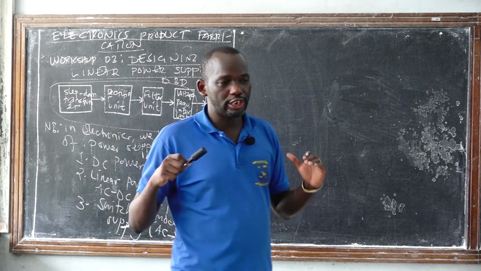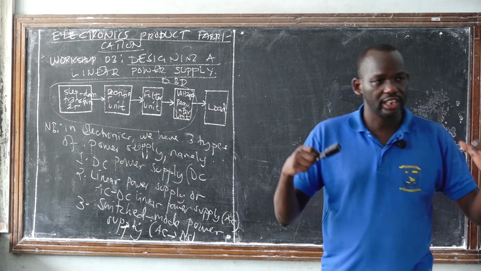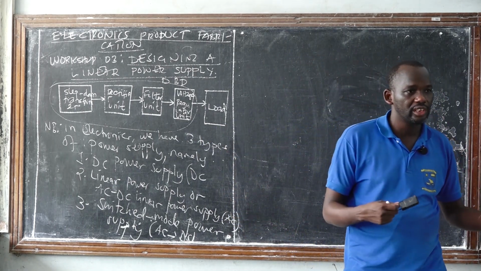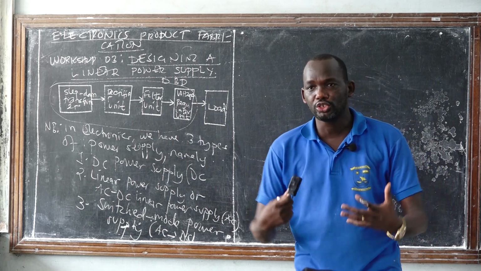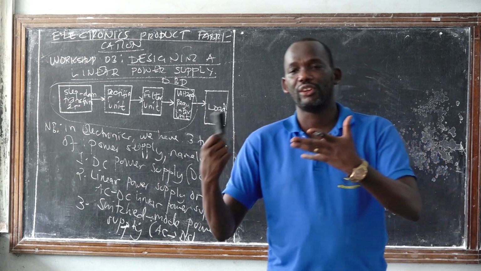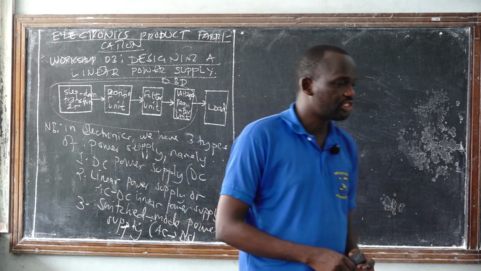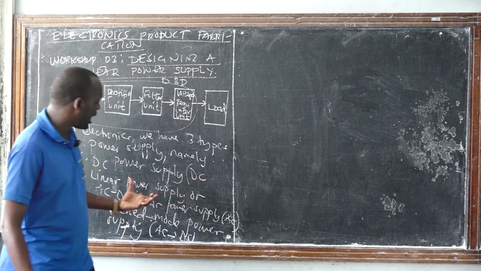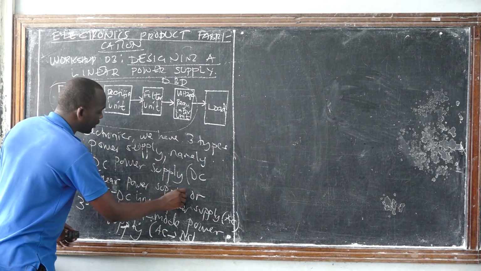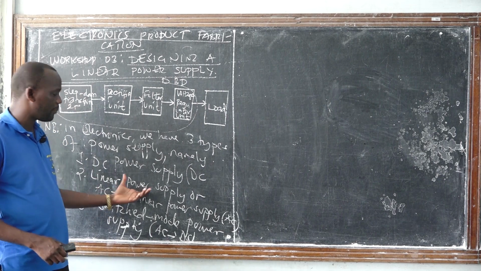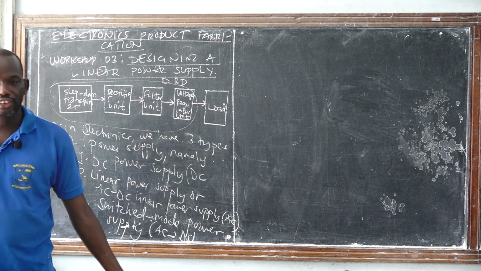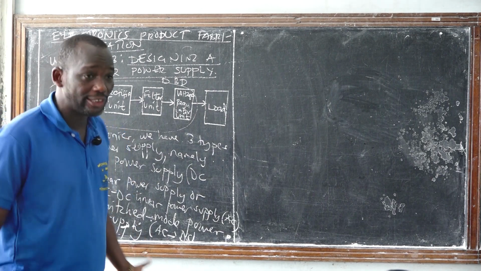But now, for the purpose of learning and electronics prototypes, and also for training students how we can convert AC into DC, this is the case that we have to teach. In most electronics work, we use this linear power supply rather than switched mode power supply. But it should not be limited.